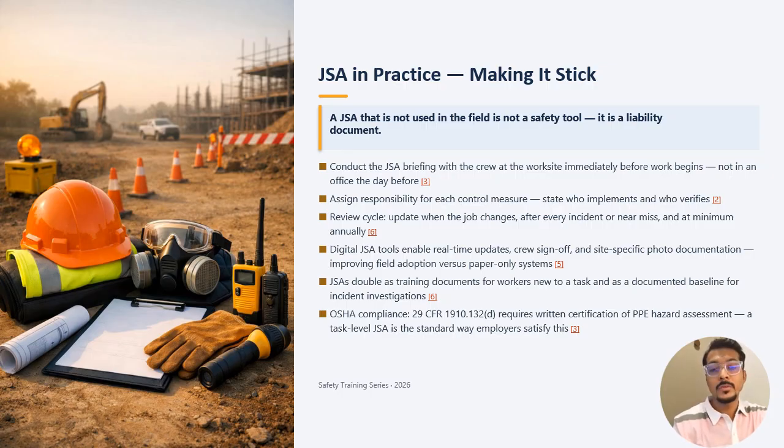OSHA compliance: 29 CFR 1910.132(d) requires a written certification of the PPE hazard assessment, and a task-level JSA is the standard way employers satisfy this.